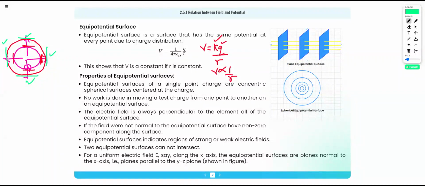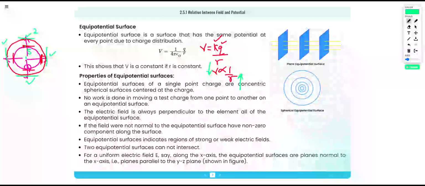That means if inside it is 5 volt, here it will be 2 volt. Why will it be 2 volt? See, V is inversely proportional to R. As R is increasing, our voltage will drop. From here to here, R has some value, and from here to here, R will be greater.